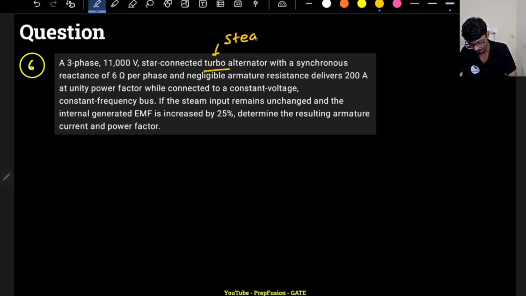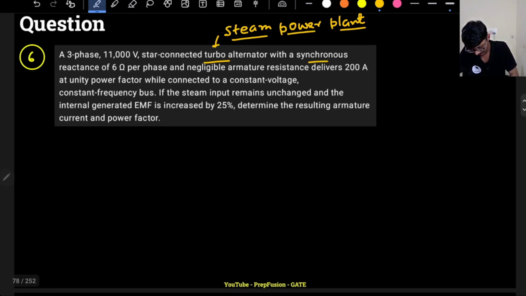It has synchronous reactance of 6 ohms, so XS is j6 ohm, and negligible armature resistance.